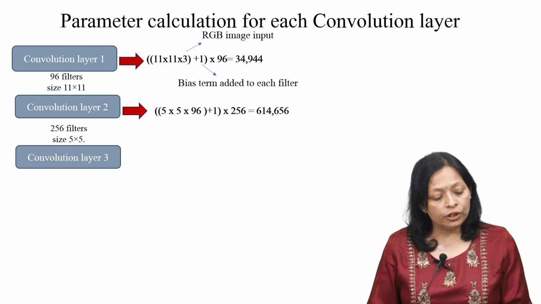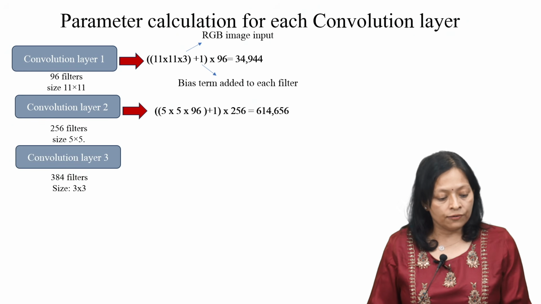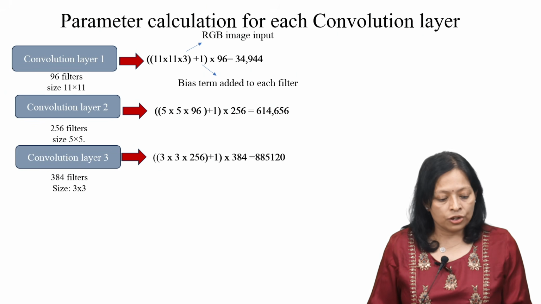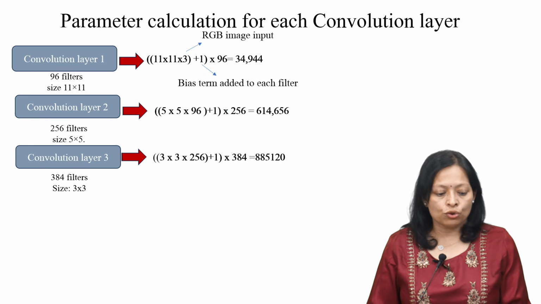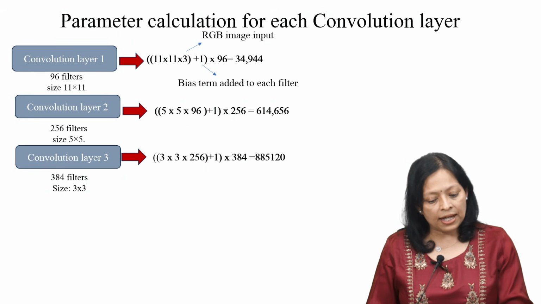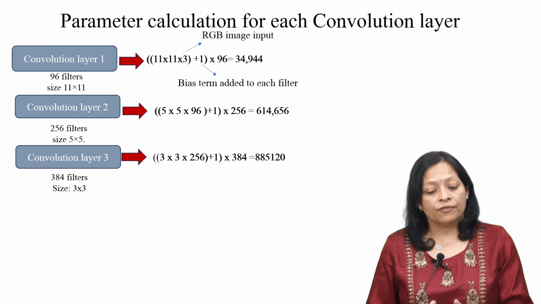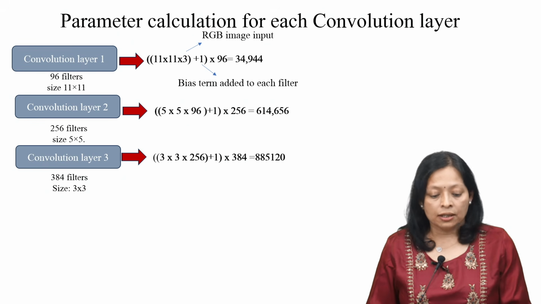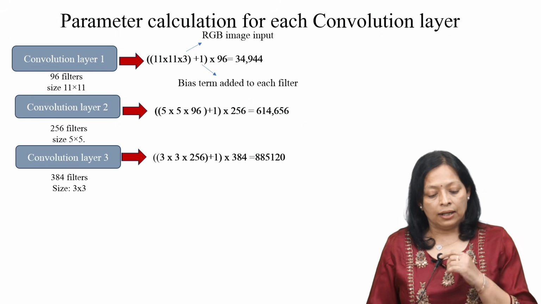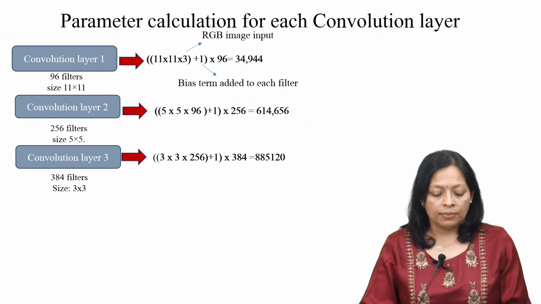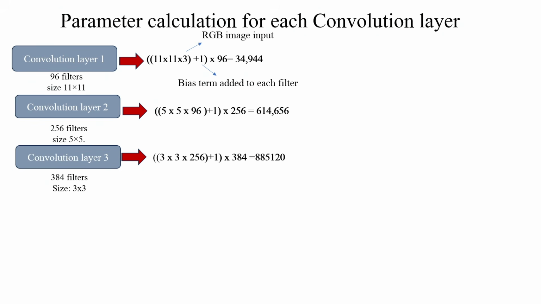Convolution layer 3, we have 384 filters of size 3 cross 3, and if we do the calculation, 3 cross 3 size into 256 number of filters plus 1, this one term comes for the bias term added for each filter, into the total number of filters, which is 384, and that is around 885,120.